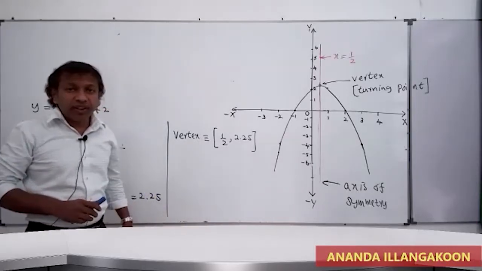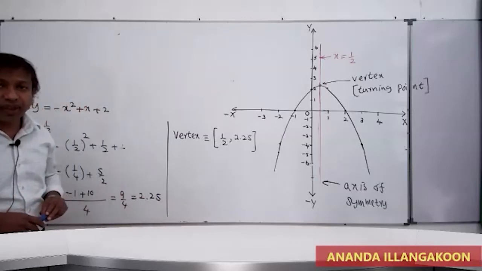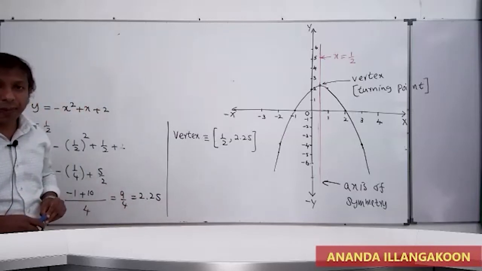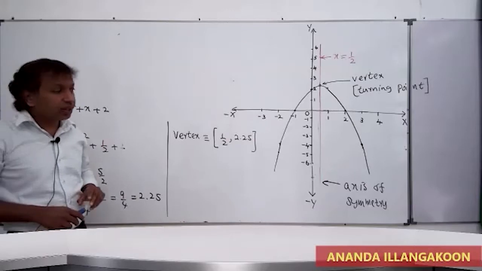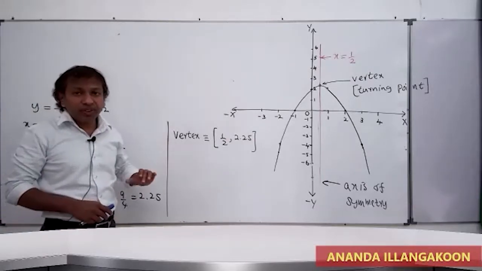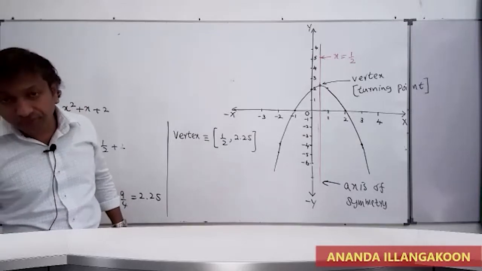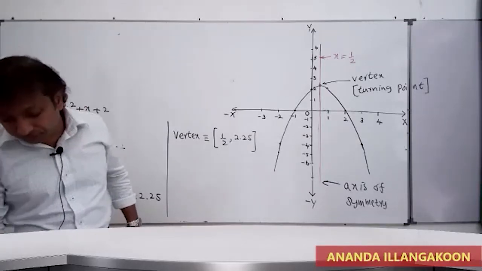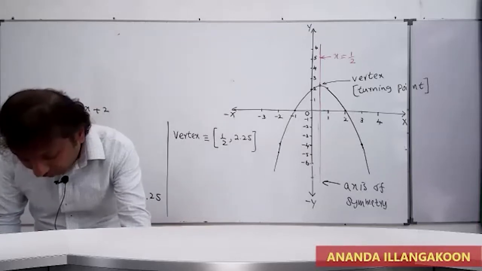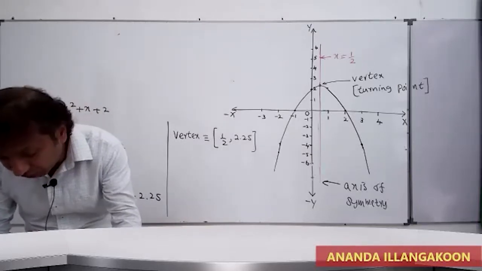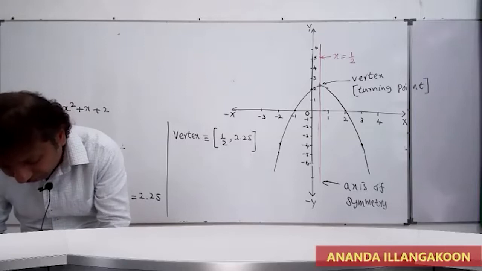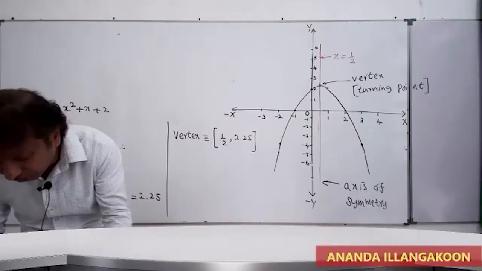Okay, then, people, let's see how to draw a graph this way without constructing a table. In the first question, we took one graph, that is y equals x squared minus x minus 6.